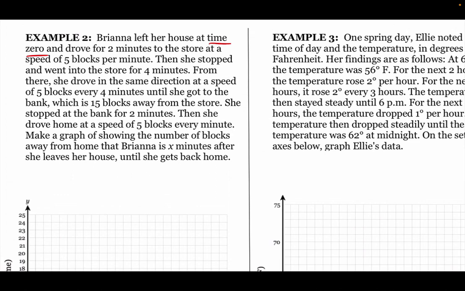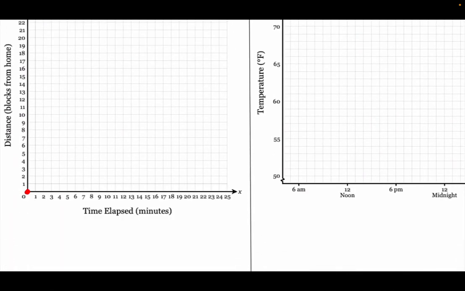Then she drove for 2 minutes to the store. How fast is she driving? 5 blocks per minute. Okay, so from that dot we just made, after 1 minute, how far is she going to go? 5, right? So we're going to go up 5 blocks. That's how much she's going to cover in 1 minute.